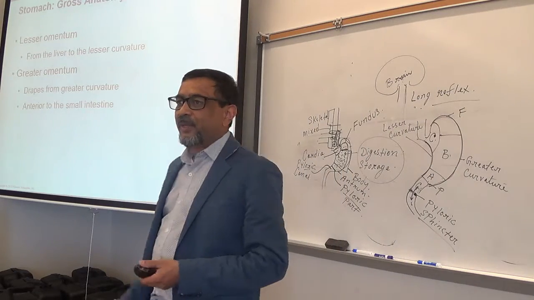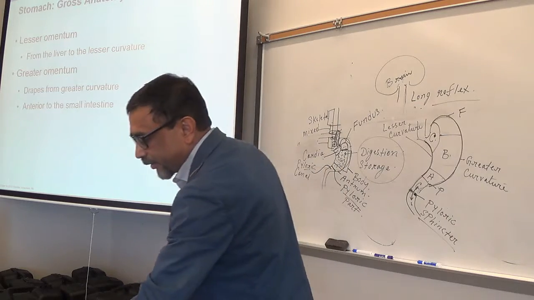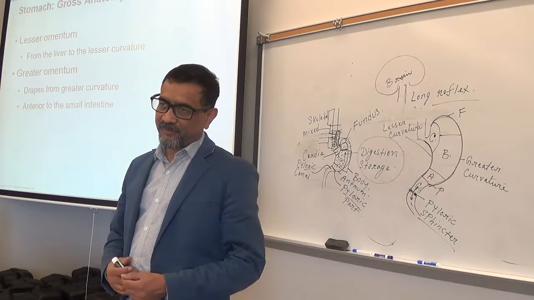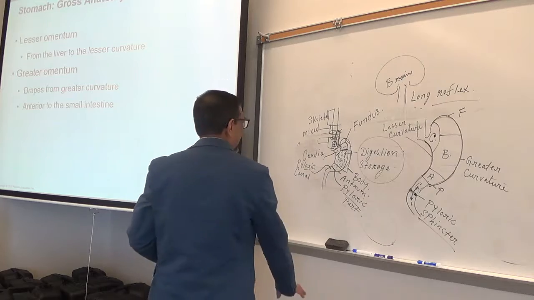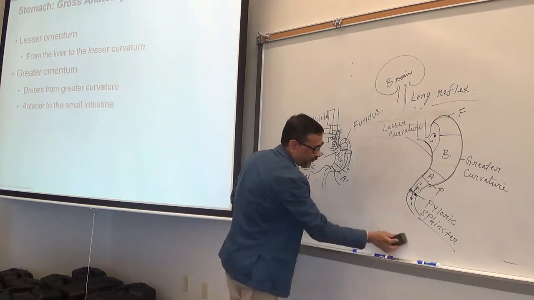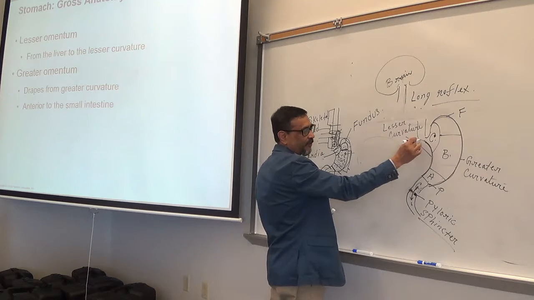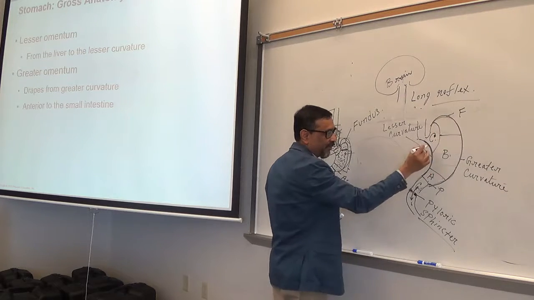Omentum. Omentums are connective tissue membranes. Now, there are two omentums. Here you see the lesser curvature, remember the lesser curvature and greater curvature.